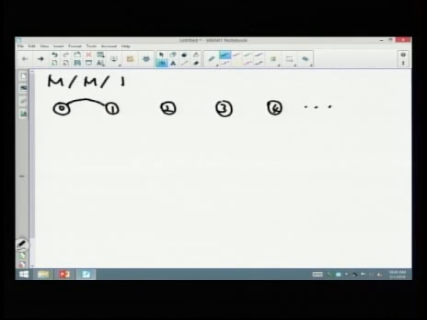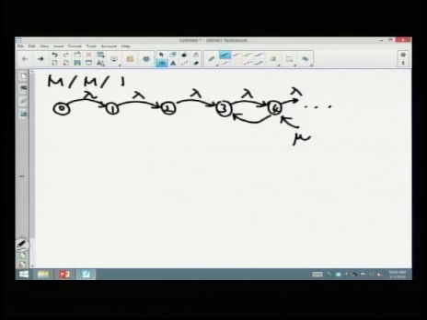In the MM1 model, the mean arrival rate will be lambda all the way. And the service rate is also going to be mu all the time.